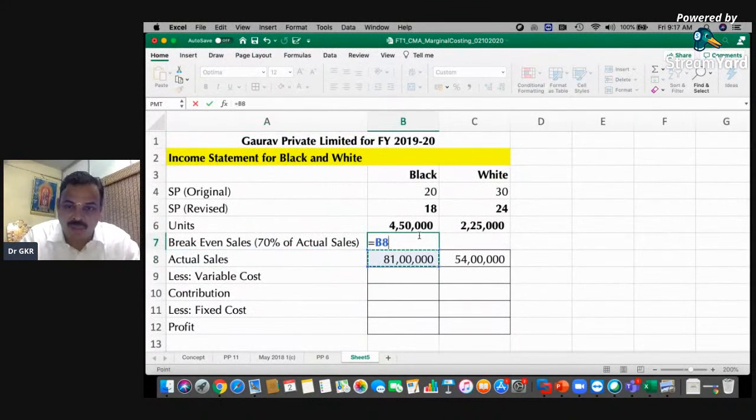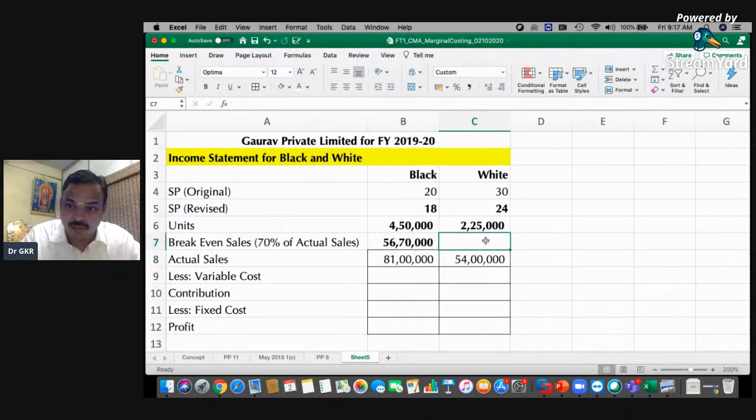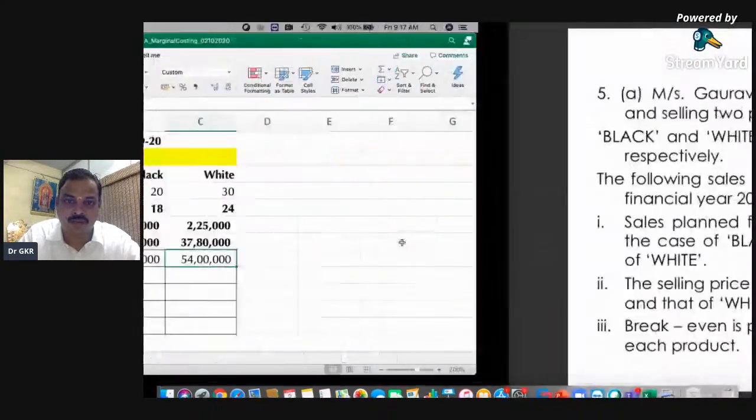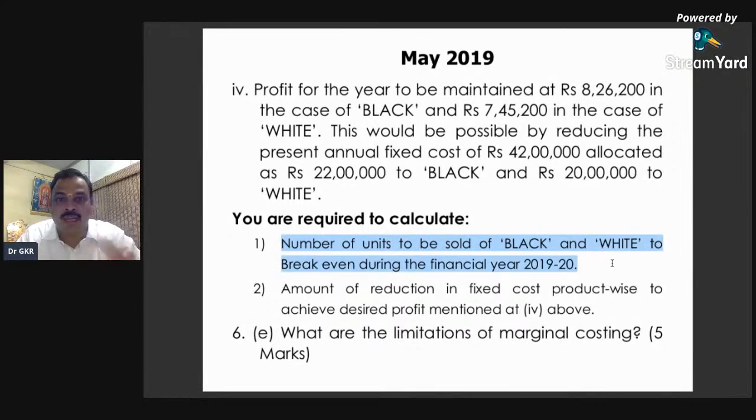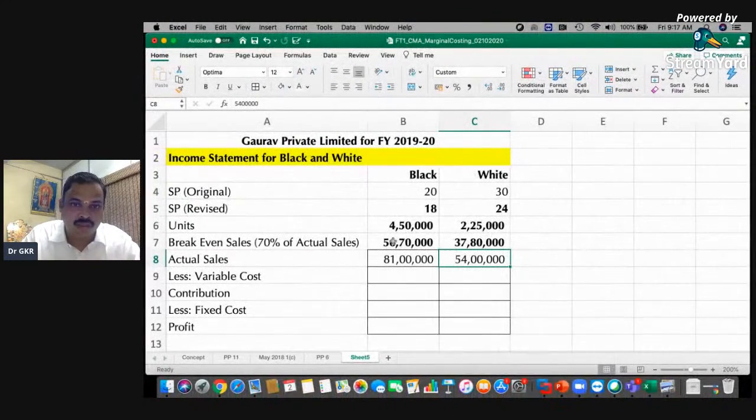So on 81 lakhs, 70% is 57 lakh 70,000. On 54 lakhs, 70% is 37 lakh 80,000. Now, what is your question? Number of units to be sold of black and white to break even during financial year. So everything is got it.